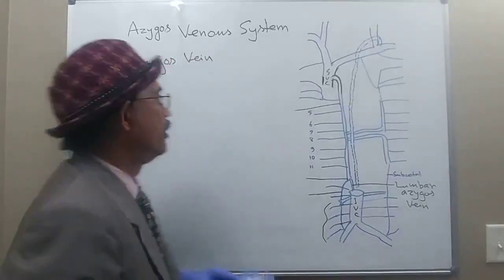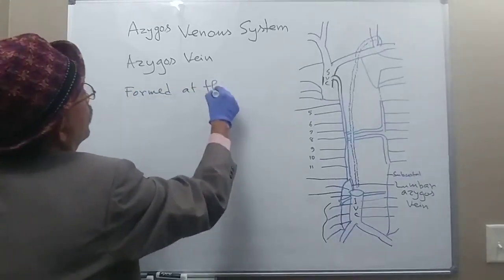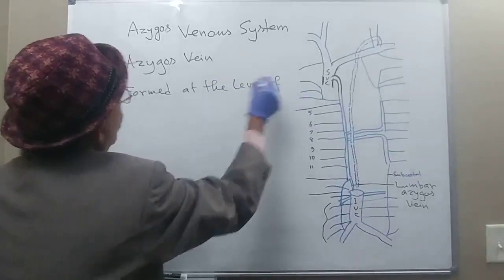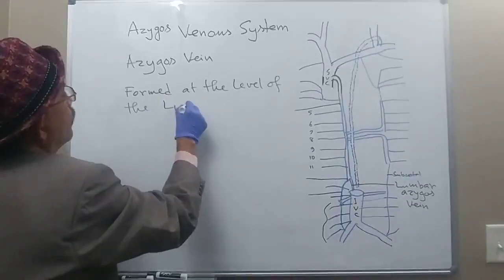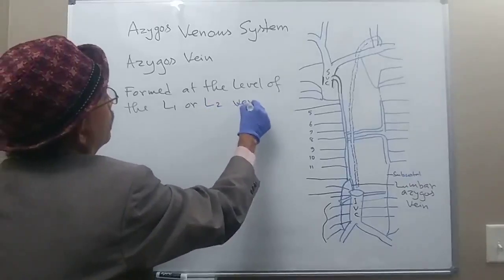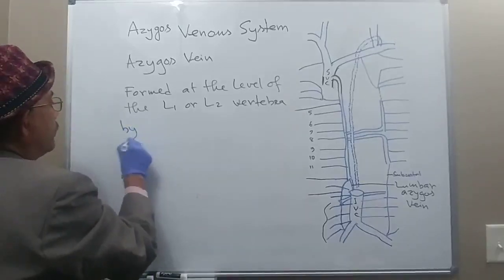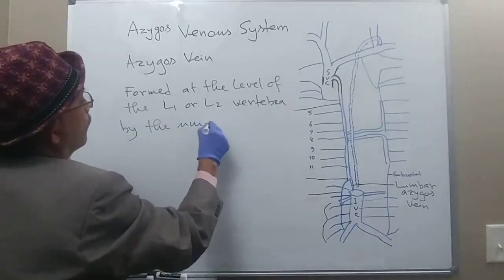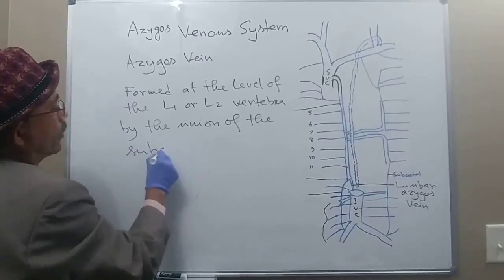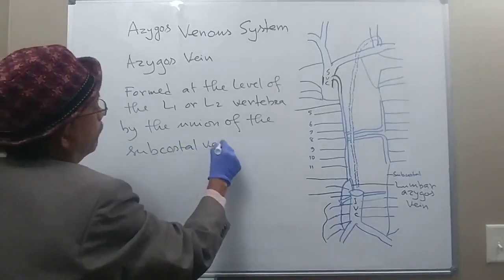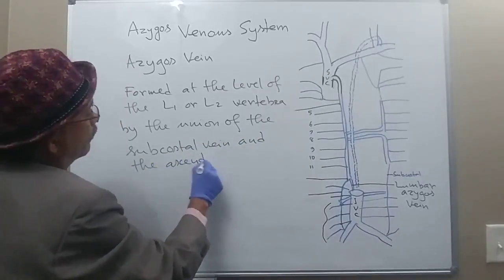Formation and vertebral level. So it is formed at the level of the L1 or L2 vertebra by the union of the subcostal vein and the ascending lumbar vein.